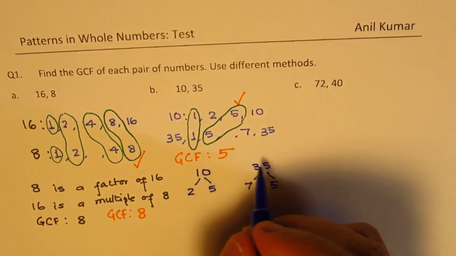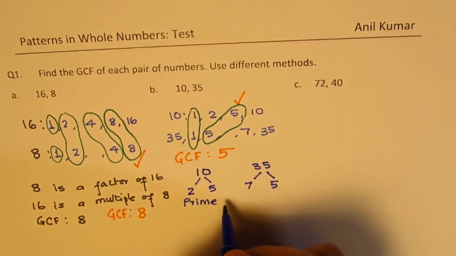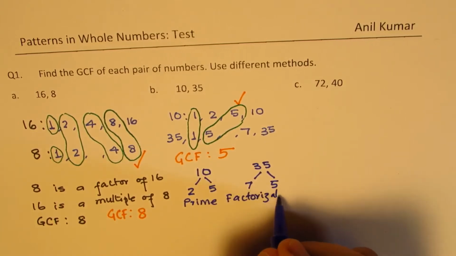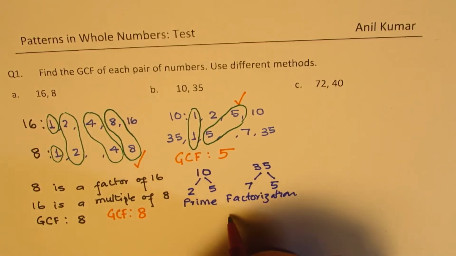So what you got here is prime factorization. Now you can see from here that actually the common factor between them is only 5, and therefore that is the greatest common factor.